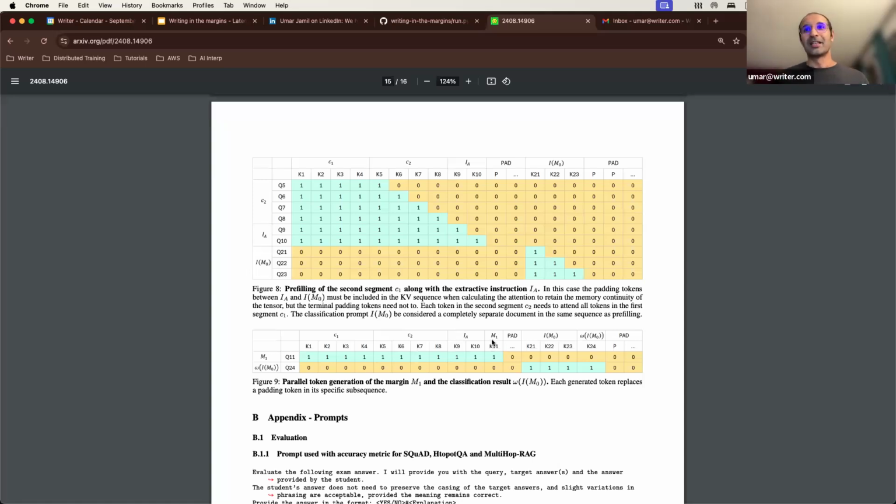One using only the part relevant to the first chunk, the second chunk, and the extractive summary after the second chunk, and one using only, as you can see, this is the attention mask, right? And one is only using the part that is relevant to classifying the first margin that was extracted in the previous step. So you can do it also like this.